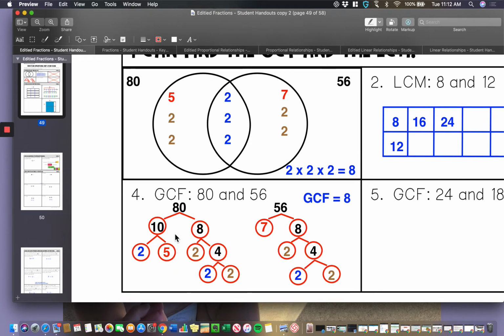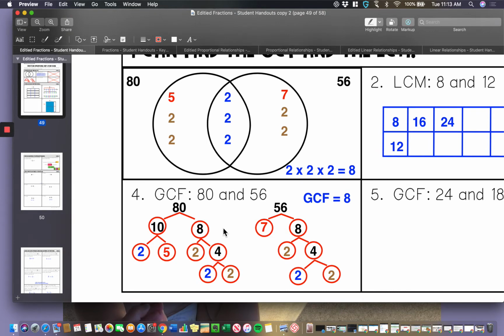But a composite number, for example, would be 10, because the factors of 10 would be 1 and 10, and also 2 and 5. So a prime number is only prime if it can be multiplied by 1 and itself. It is composite if it has more factors than just 1 and itself.